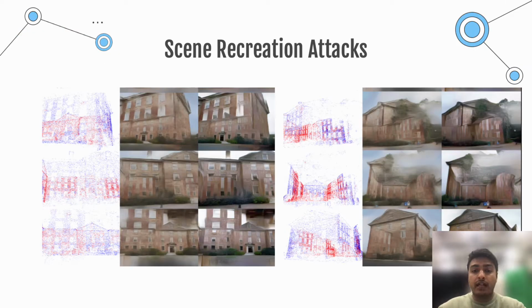While a lot of time and energy has been spent into making these systems more efficient as well as more available for a broader use, not as much effort has been spent in making these systems more secure, specifically secure against a type of attack known as scene recreation attacks. This is a type of attack where you can take the original point cloud, which is just supposed to have structural information, and then recreate the images that were used to generate that point cloud.